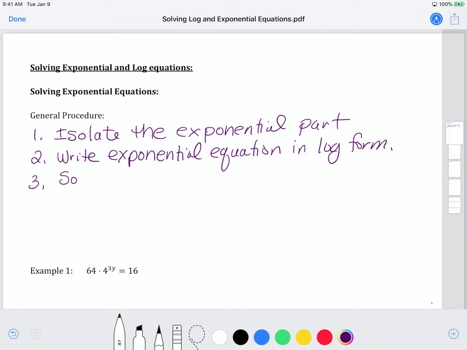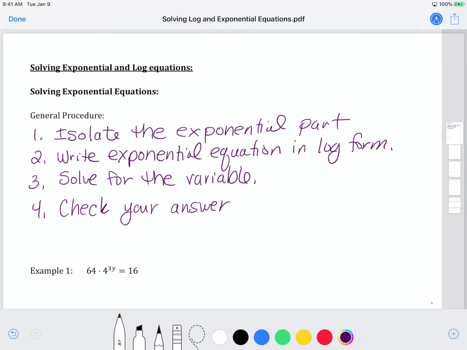Okay, so then you solve for the variable. And if you would like, you can check your answer using an approximate decimal value.